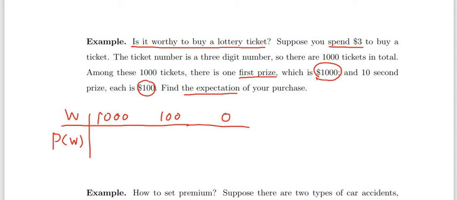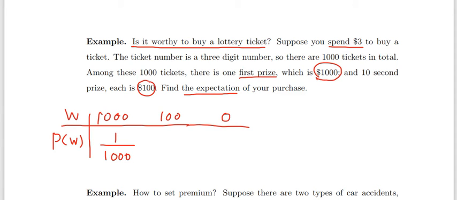So for the $1,000 prize, among 1,000 tickets, only one is for this first prize. So the probability to get this is 1 over 1,000, right?